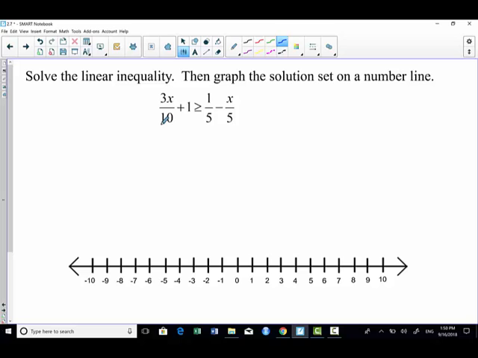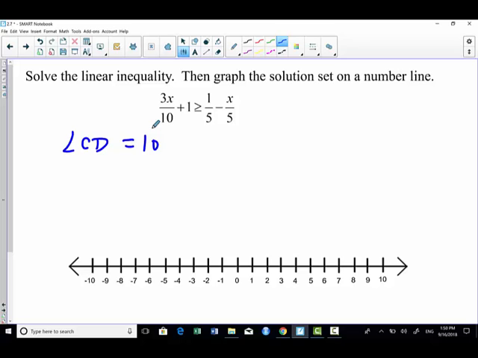Here for this inequality, we have denominators 10, 5, and 5. The LCD for those denominators will be equal to 10, which is the least common denominator. Also, you can say that's the lowest common multiple for all those denominators.